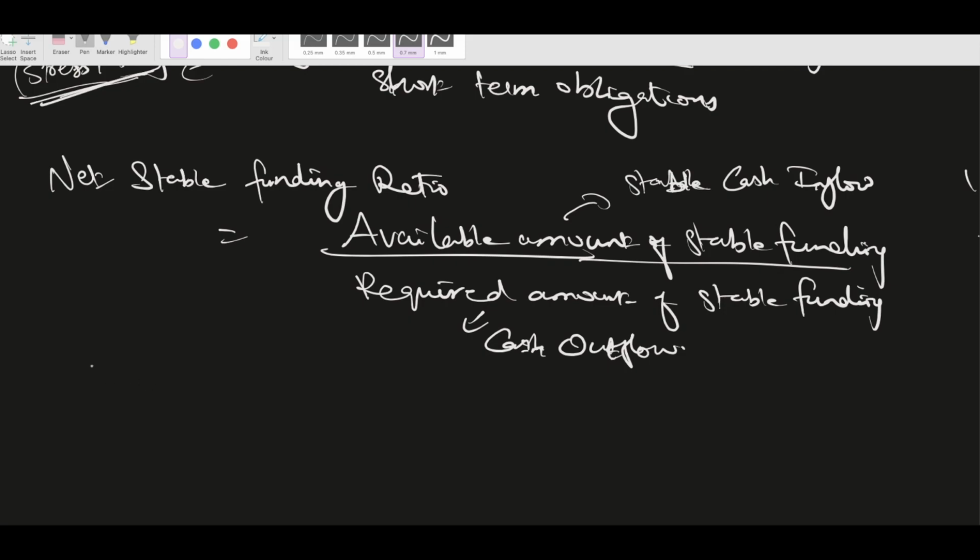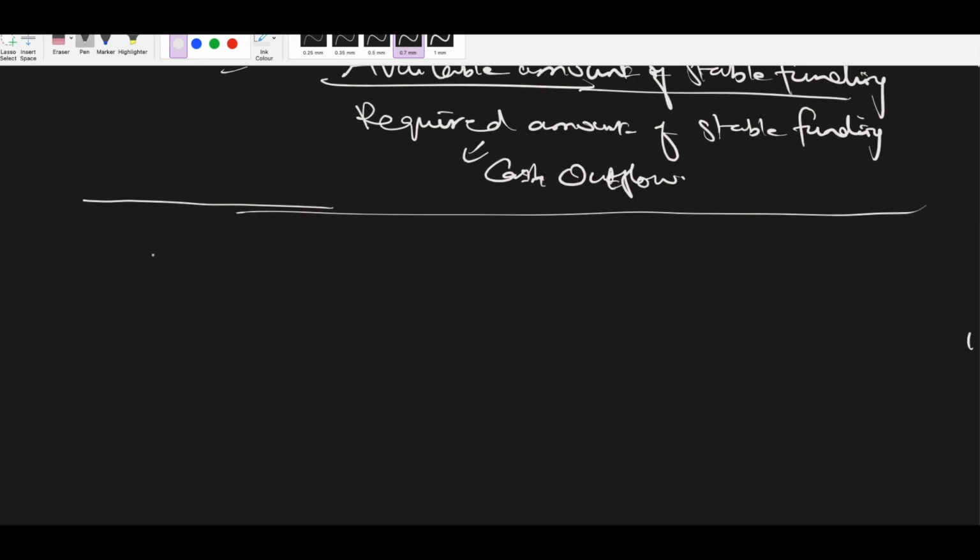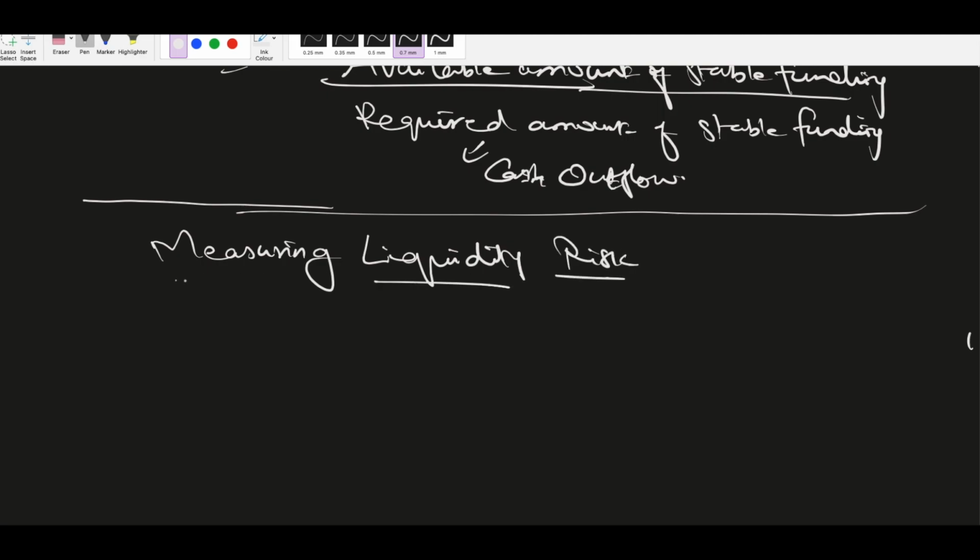Now, how do you measure liquidity risk? One way is through the bid offer spread, the difference between bid and offer price.